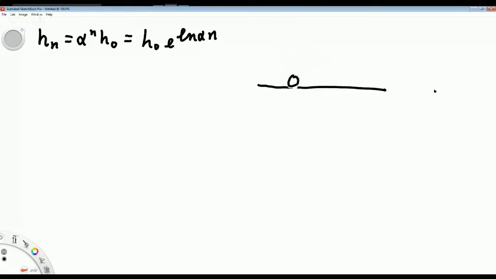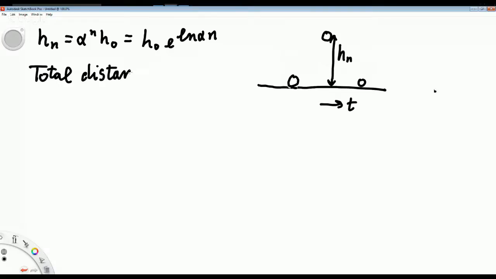So this is the moment of the bounce. The nth bounce happens exactly here. After this, the ball will travel up, of course, a height given by hn, and then just down again. So again, time flows to the right here. The same height. So the total distance traveled is given just by 2 times hn.